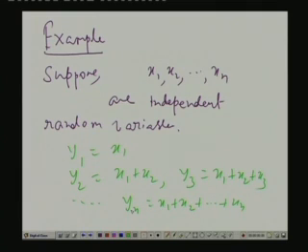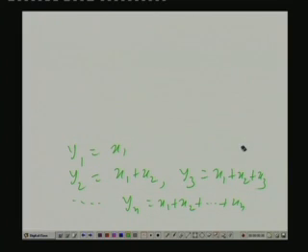Now, to do that, we have to find the joint probability density of y at a specific value, say capital Y1, capital Y2, up to capital Yn.